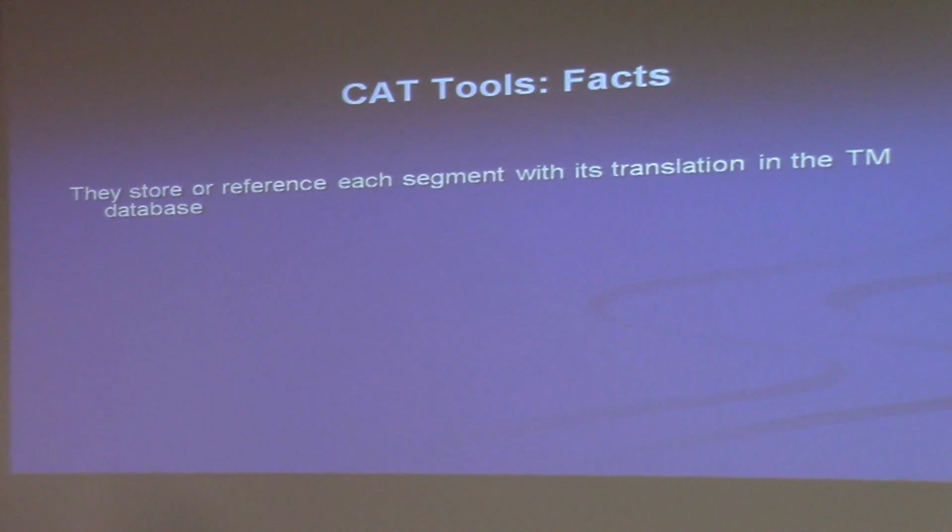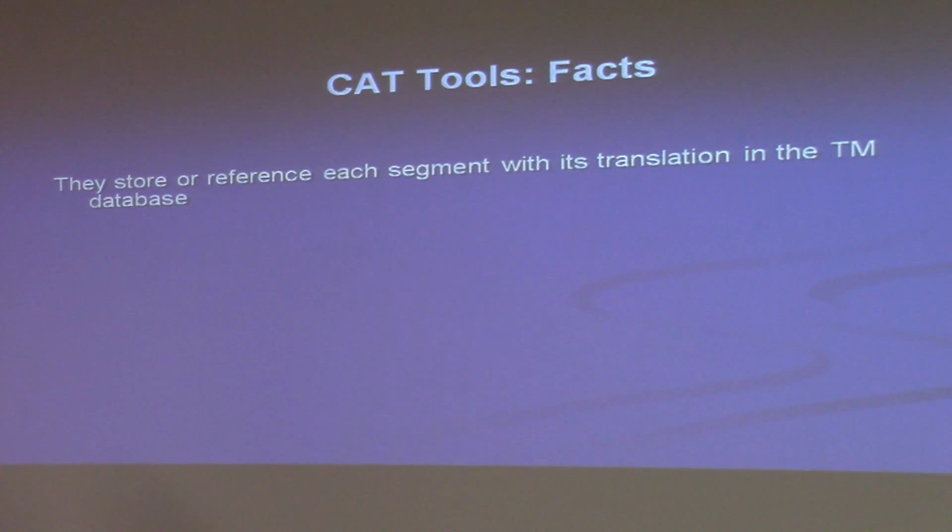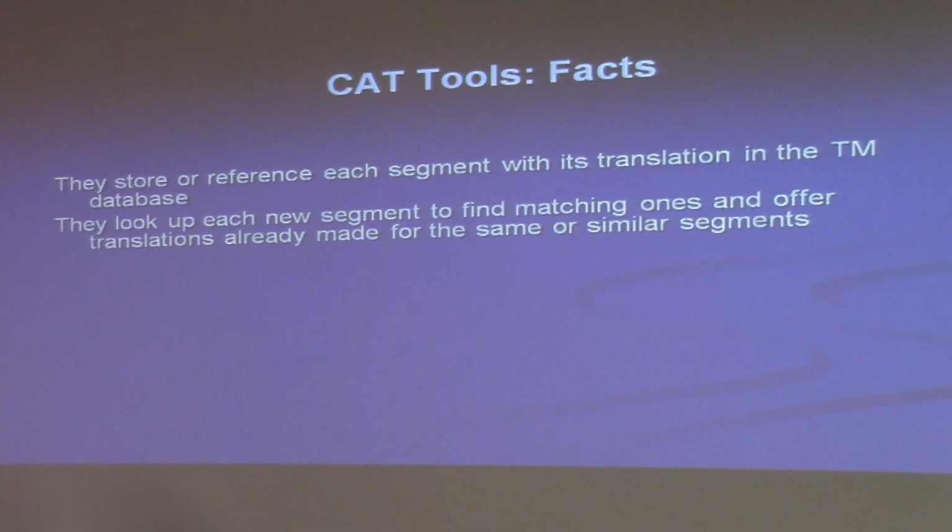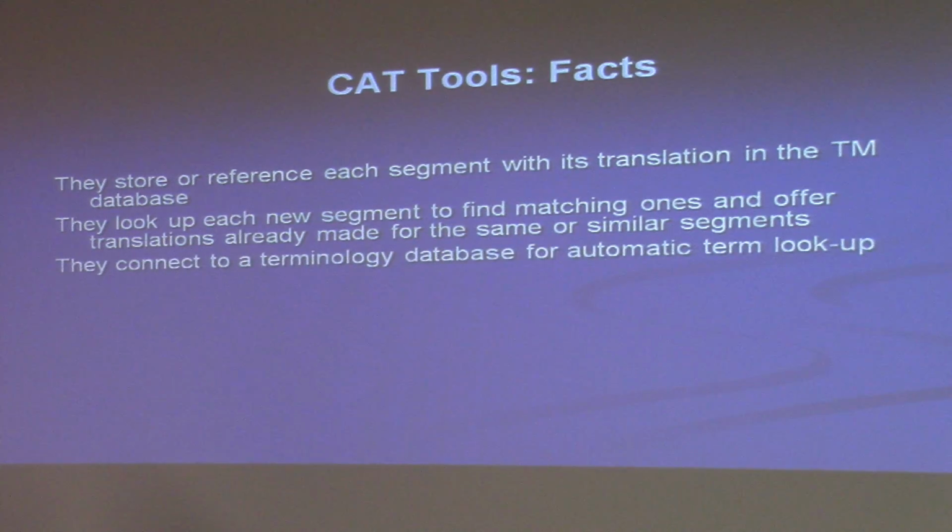That's the basic principle for all the CAT tools. Every new segment they come across, they will try to see if translations have already been made on that segment, and then the CAT tool will make suggestions on how to translate it.